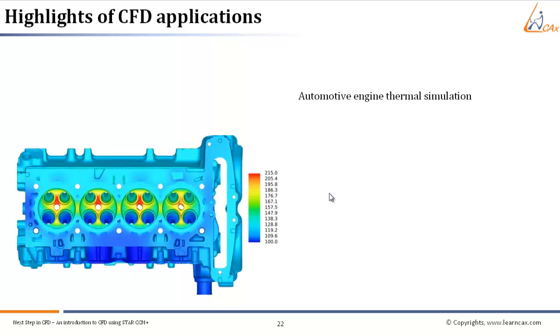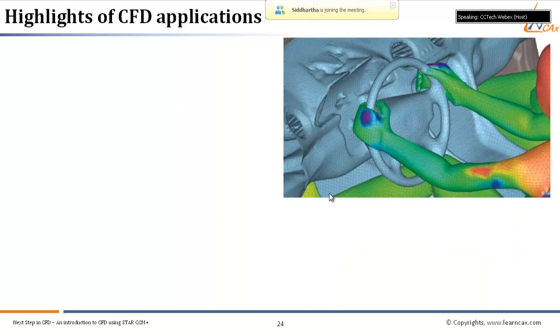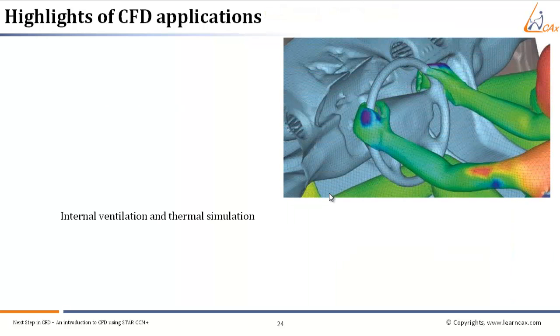This is an example of an automotive engine thermal simulation using STAR-CCM+, and an underhood thermal simulation using STAR-CCM+. An internal ventilation and thermal simulation example is here, as you can see within a cabin.